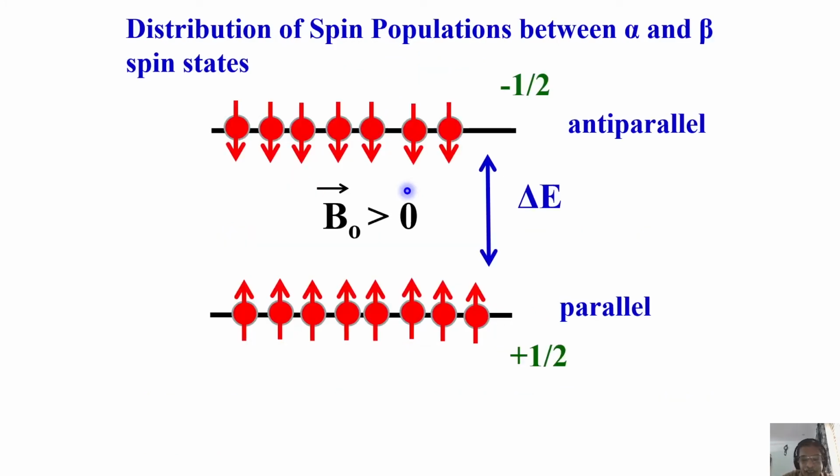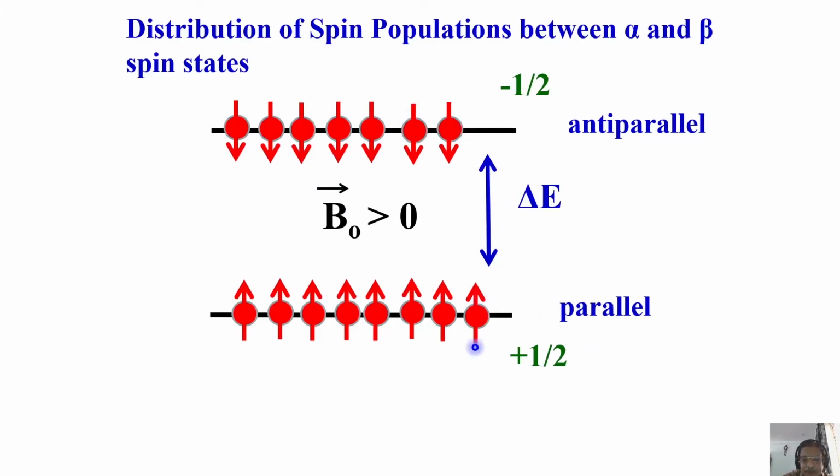Let us try to do that. If I try to do that and find out the spin populations, it will be like this. There will be more spins in the parallel orientation than the anti-parallel orientation. You see there is a small difference I am showing you. This is the delta E difference.